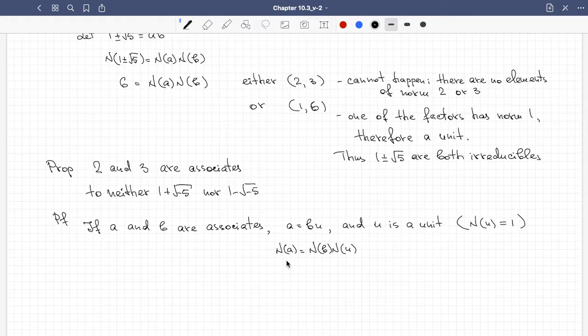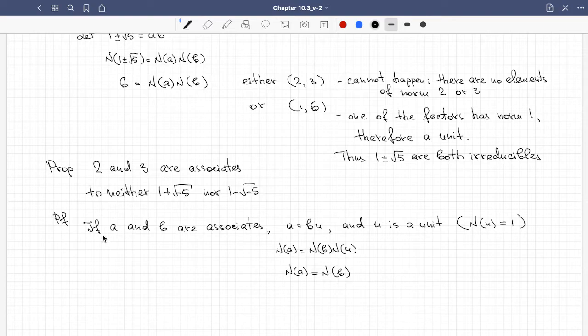So that is, for two associate elements in this integral domain, norms of associates must coincide.